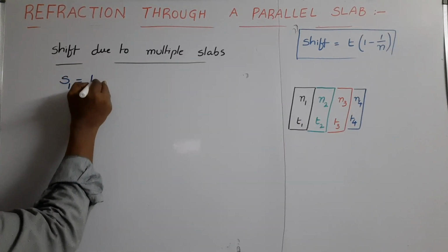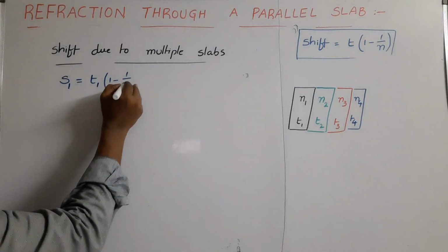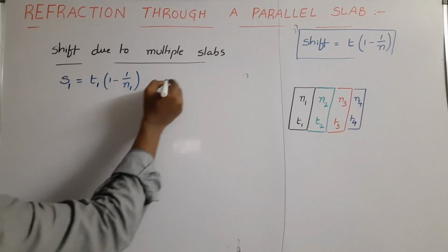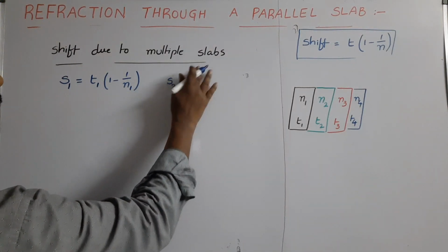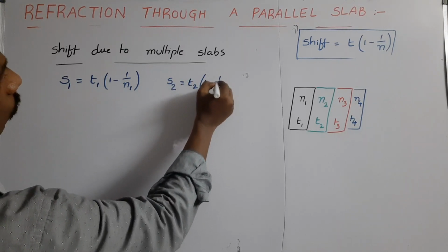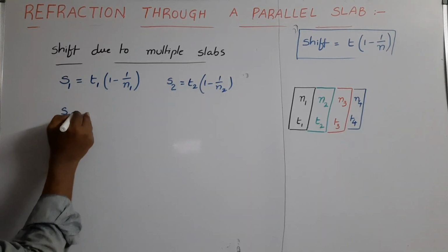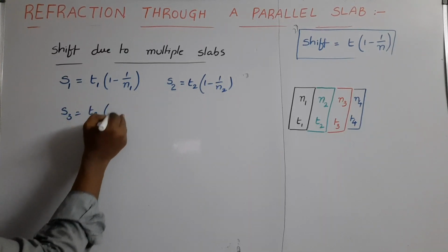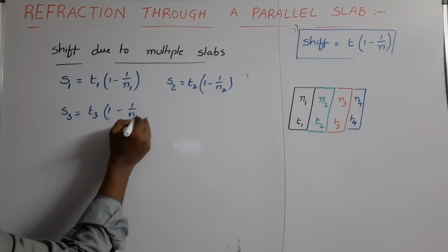S1 is equal to t1 into (1 minus 1 by n1). S2, the shift due to the second slab, is t2 into (1 minus 1 by n2). S3 is equal to t3 into (1 minus 1 by n3).